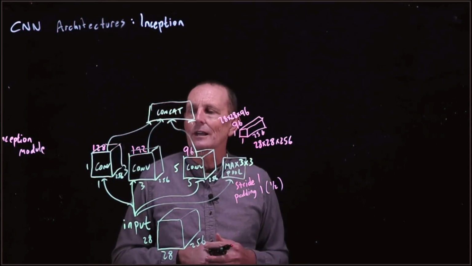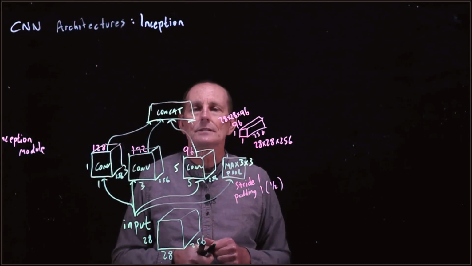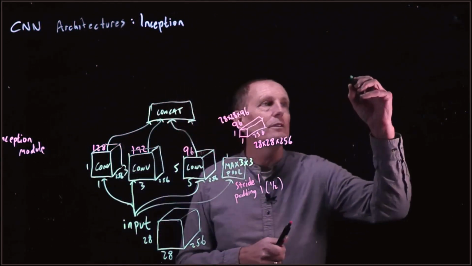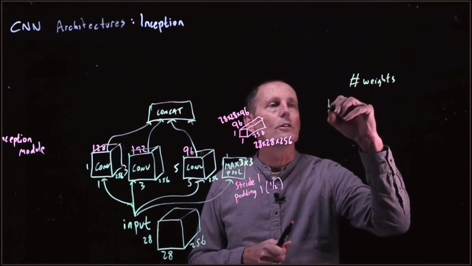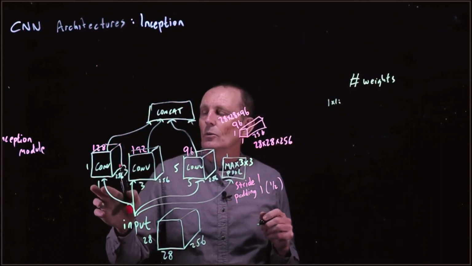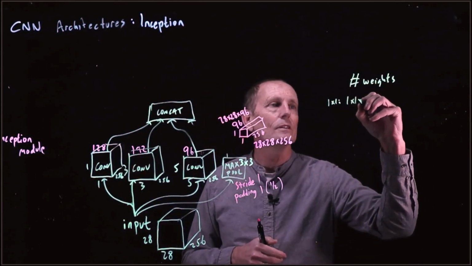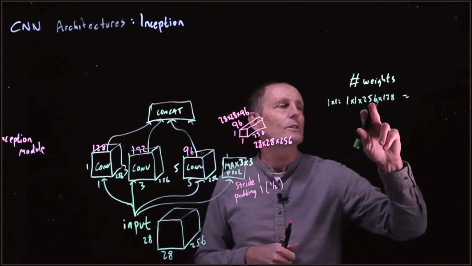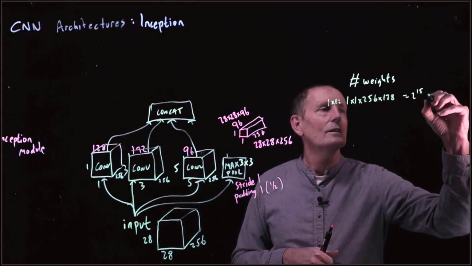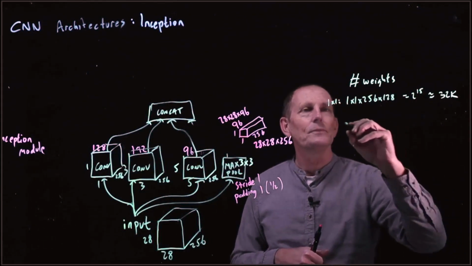Let's take a look at the number of weights in this Inception module. For the 1x1, we've got 1 times 1 times 256 times 128. That equals 2 to the 8th times 2 to the 7th, so 2 to the 15th, which is about 32K.